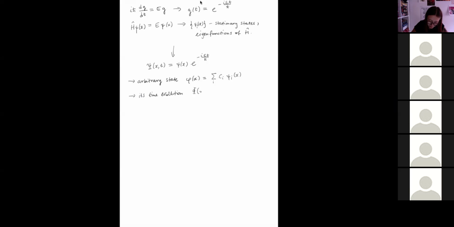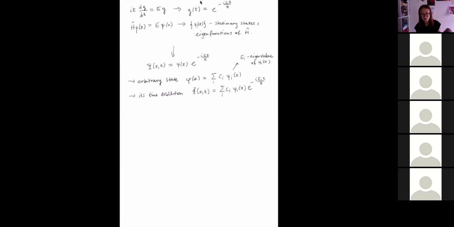So this function phi of x,t would be just the sum over i, c_i, psi i of x, e to the power minus i E_i t over h bar, where the E_i's are the corresponding eigenvalues, or the corresponding energy values, for the eigenfunctions of the Hamiltonian, so the eigenvalue of psi i of x.